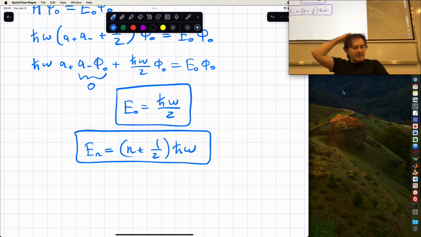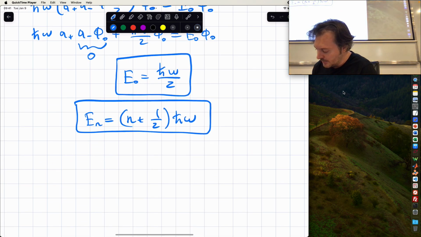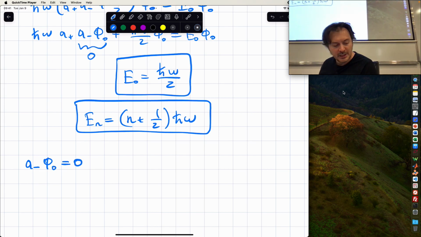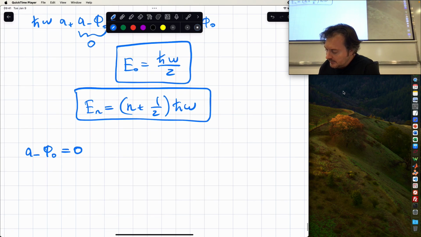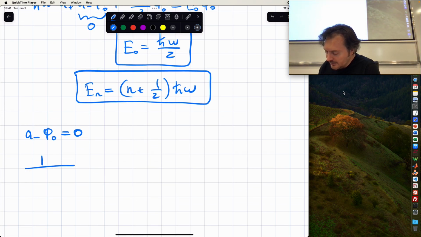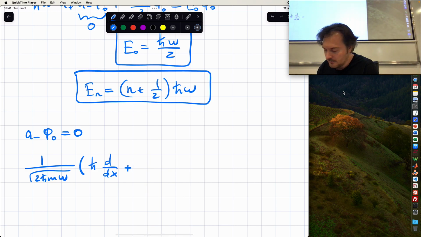As you questioned, what about the ground state wave function? For the ground state wave function, we can remember the definition of A minus itself. I don't know if you still remember it, but it was this. It had H bar d over dx plus m omega x acting on phi 0 is 0.